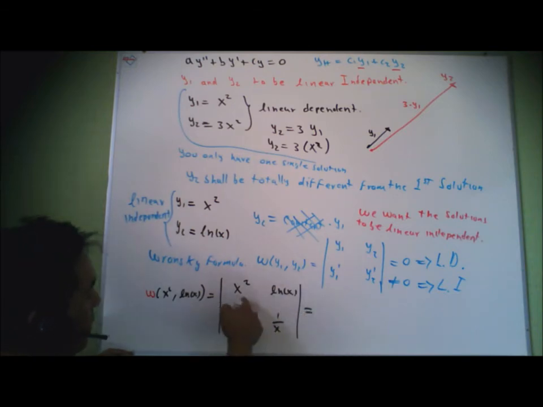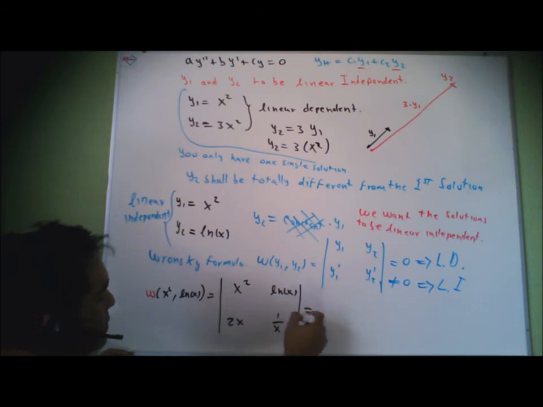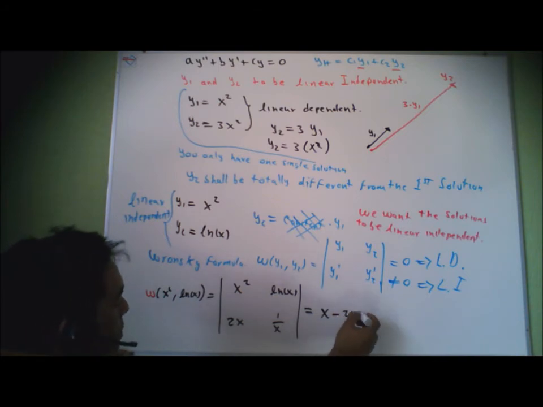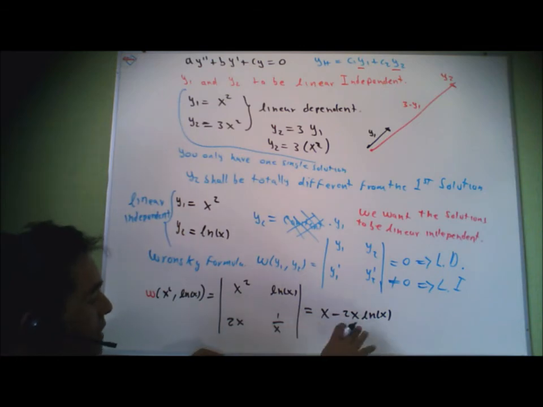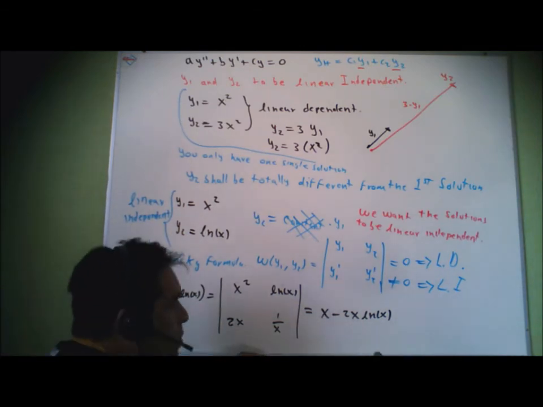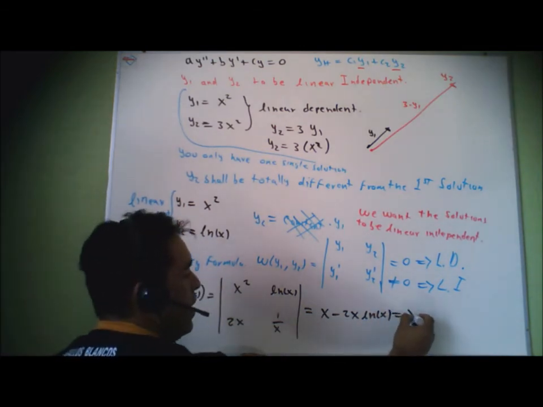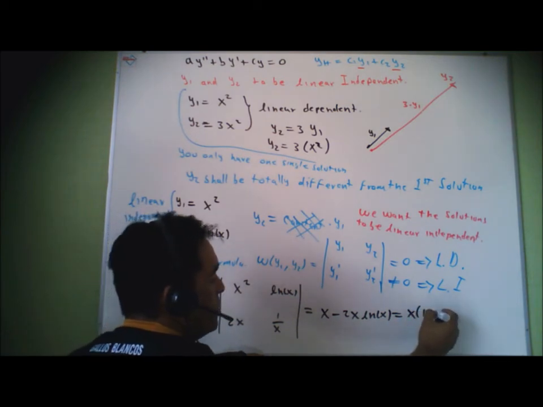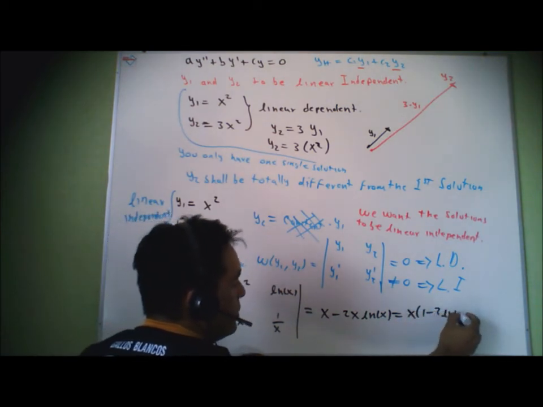So this times this is x squared divided by x, which is x to the power of 1, minus 2x times the natural log of x. There is no way this cancels. We can factor out x to get x times (1 minus 2 natural log of x).